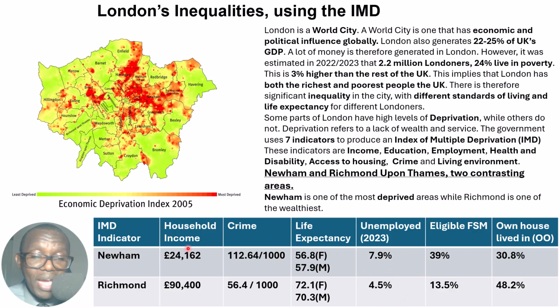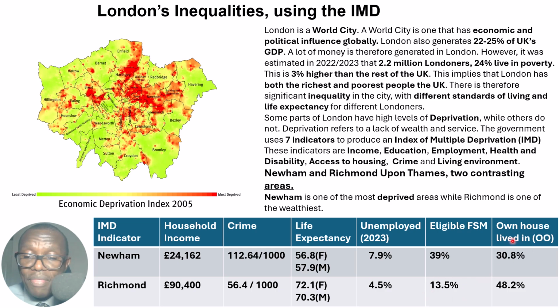And these here actually, as you can see, are explaining why there are such disparities between the 2 areas here. Okay, and then we also have data for students that are eligible for free school meals, and we can see that in Newham that number is quite high at 39%, and the number in Richmond is only 13.5%.